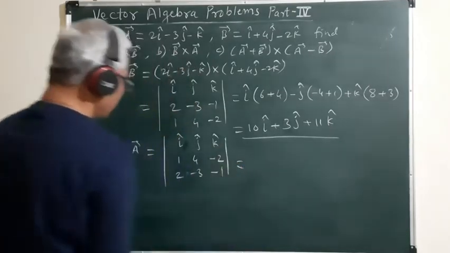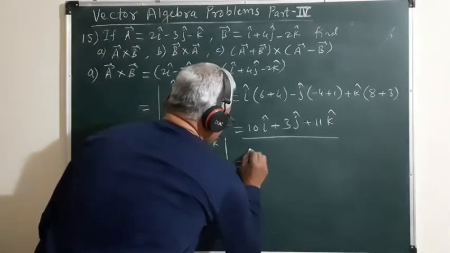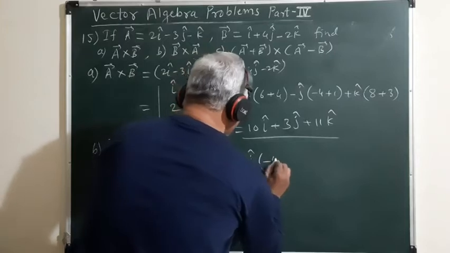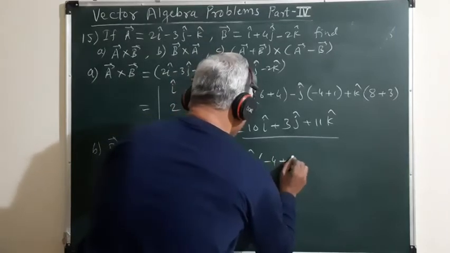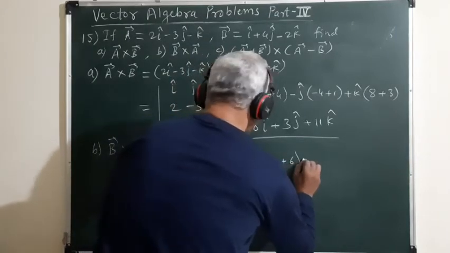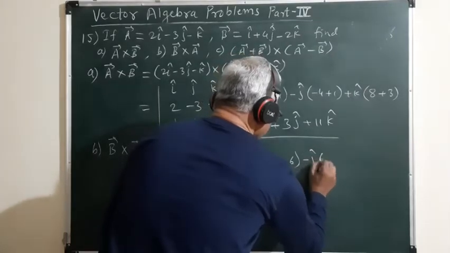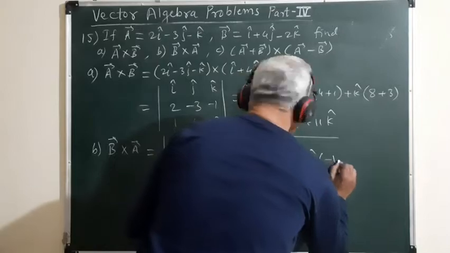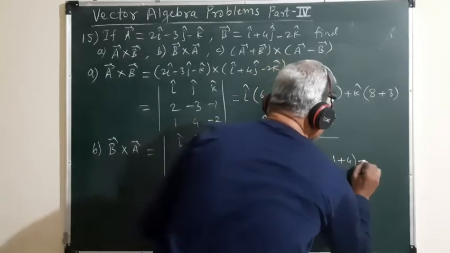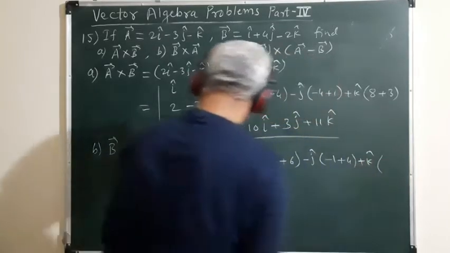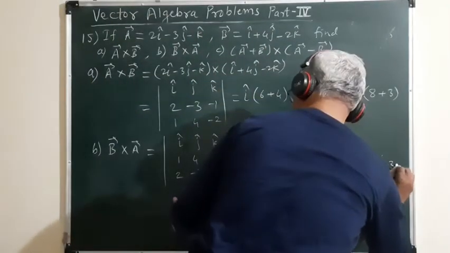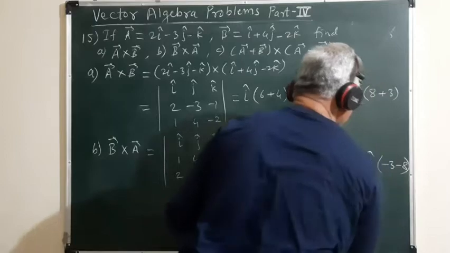So this will work out to be i cap into bracket minus 4 plus 6, minus j cap into bracket minus 1 plus 4, plus k cap into bracket minus 3 minus 8.